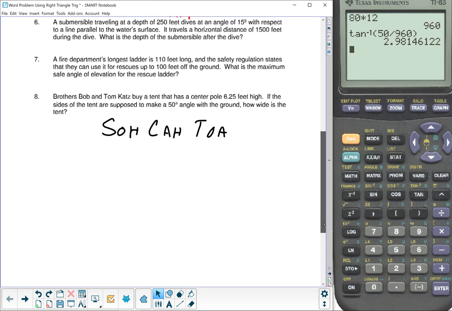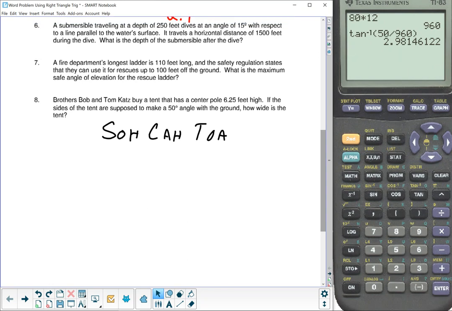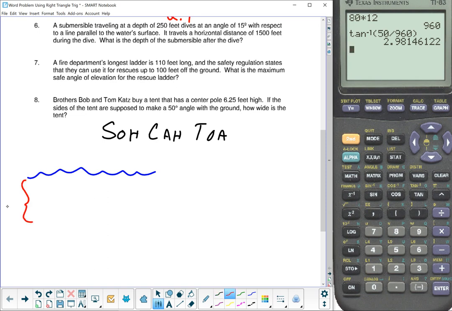Okay. Submersible traveling at a depth of 250 feet. So you got the water, ocean, 250 feet down. 250 feet down, there's a submersible.